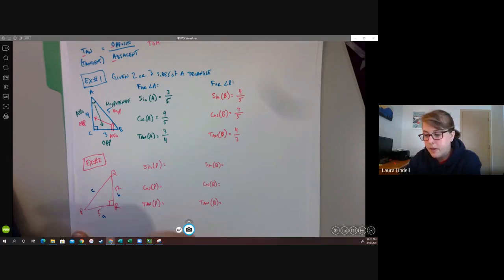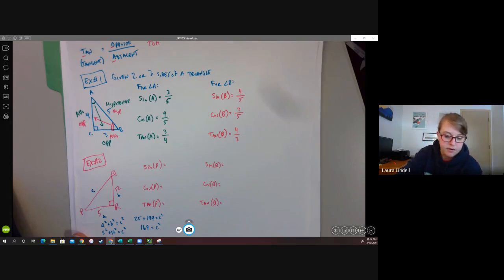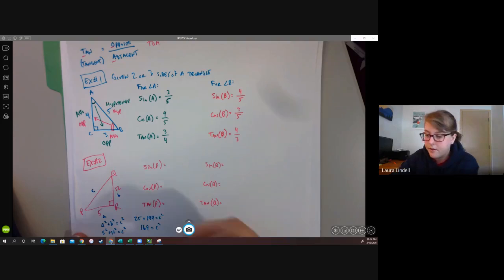So doing that first step here, A squared plus B squared equals C squared gives me 5 squared plus 12 squared equals C squared. 5 squared is 25. 12 squared is 144. Adding these together, we get 169. And that's equal to C squared, so we have to square root both sides.